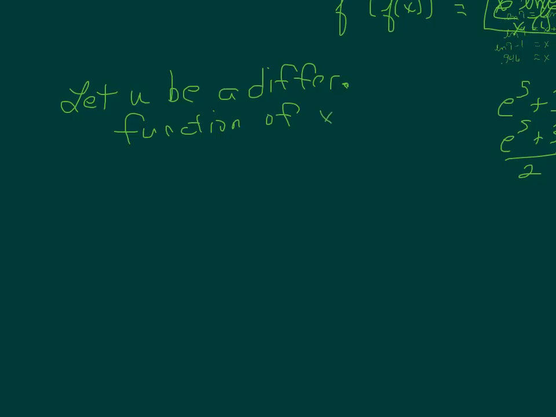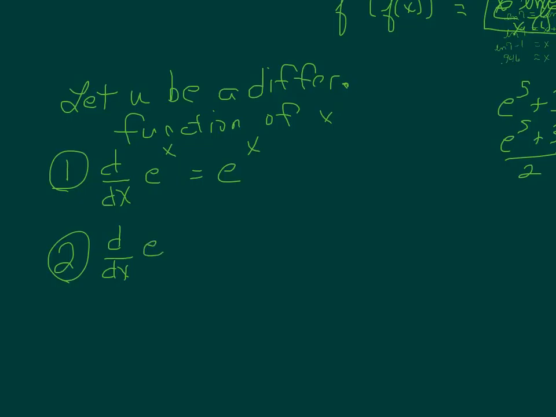Then if we take the derivative with respect to x of e to the x, it's just going to be e to the x. But if we take the derivative with respect to x of e to the u, it's going to be u prime e to the u.